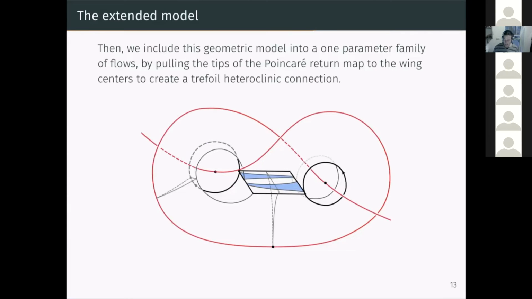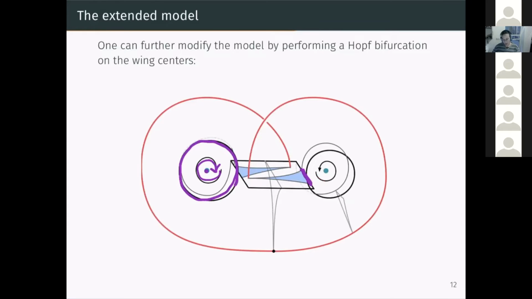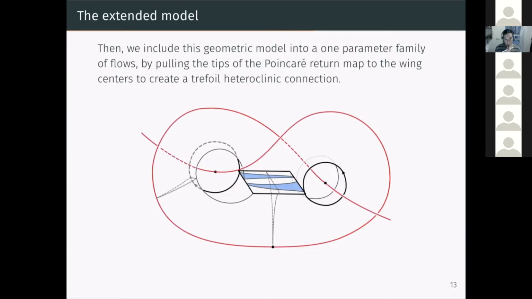Okay, and now I can slowly, so let me show the previous one. I'm going to pull the tips of the triangles until they enter the domain of attraction of the wing centers. So I slowly pull them until I get to this point.